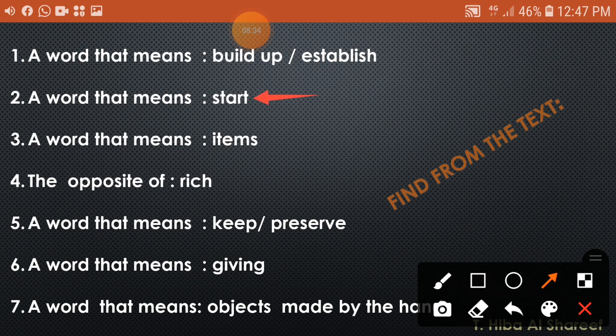A word that means start. 3. A word that means items. 4. The opposite of rich. 5. A word that means keep or preserve. 6. A word that means giving. 7. A word that means objects made by the hand.